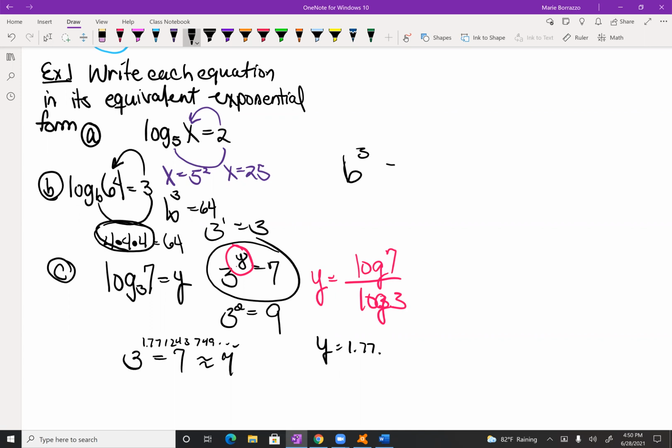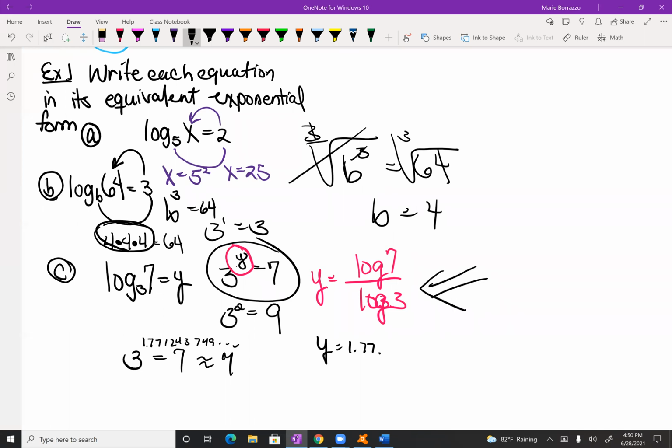Yeah. b cubed is 64, so take the cube root on both sides. That will cancel with this, leaving you b is equal to 4. Yep, that would work. But this is the process I was trying to throw your way.